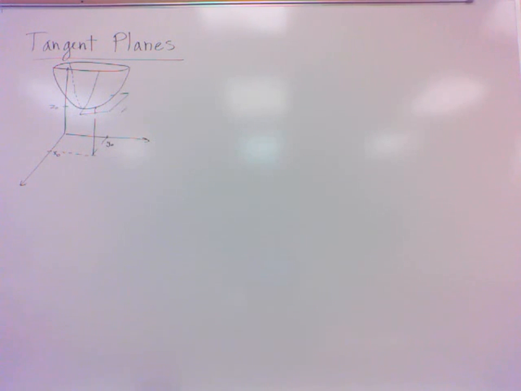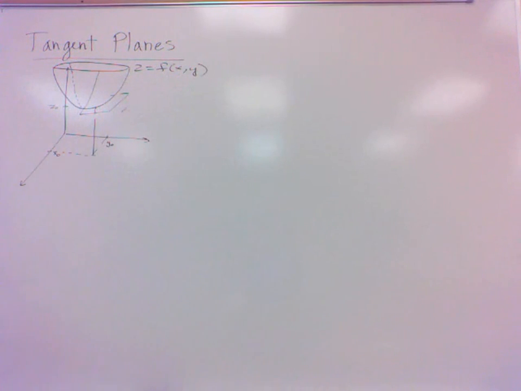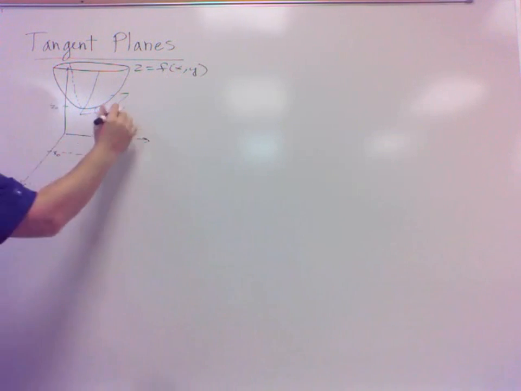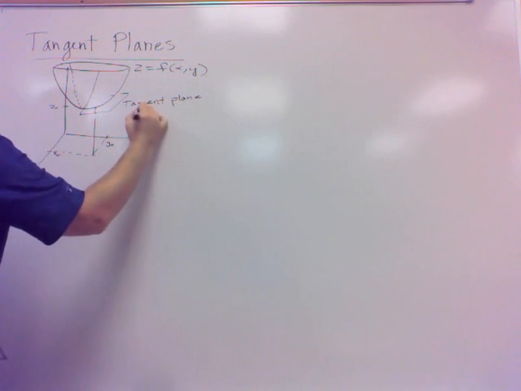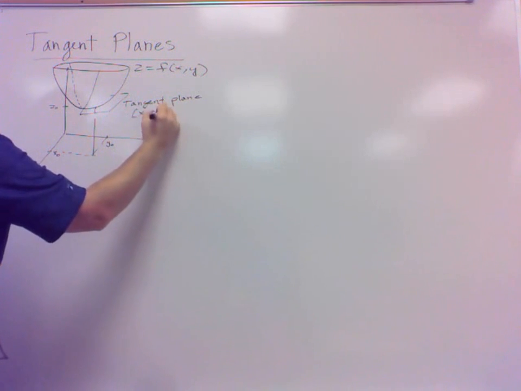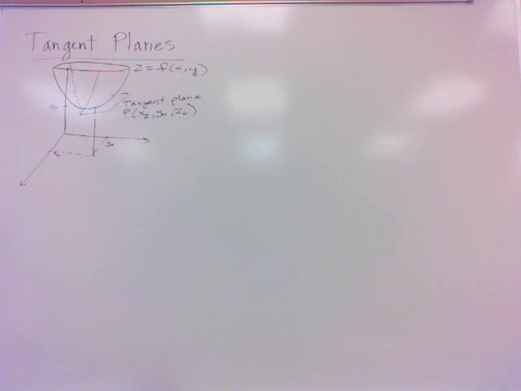So for this particular function here, z equals f of x, y, we've got this tangent plane at the point P, x0, y0, z0. And again, harder to show, but if we zoomed in closer and closer to that tangent plane, the two would become indistinguishable, the plane and the surface.